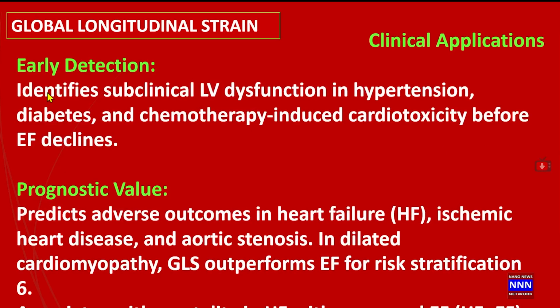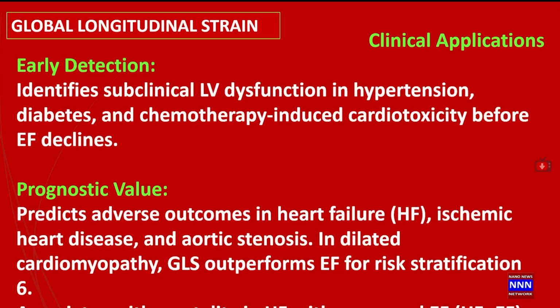What are the clinical applications of global longitudinal strain? It helps us in early identification of left ventricular dysfunction in hypertrophic, diabetic patients who are on chemotherapy or cardiotoxic drugs before the ejection fraction declines. And as I showed you in the previous example, there could be decreases in regional areas instead of in the normal coronary artery distribution area as we see in patients with myocardial infarction.